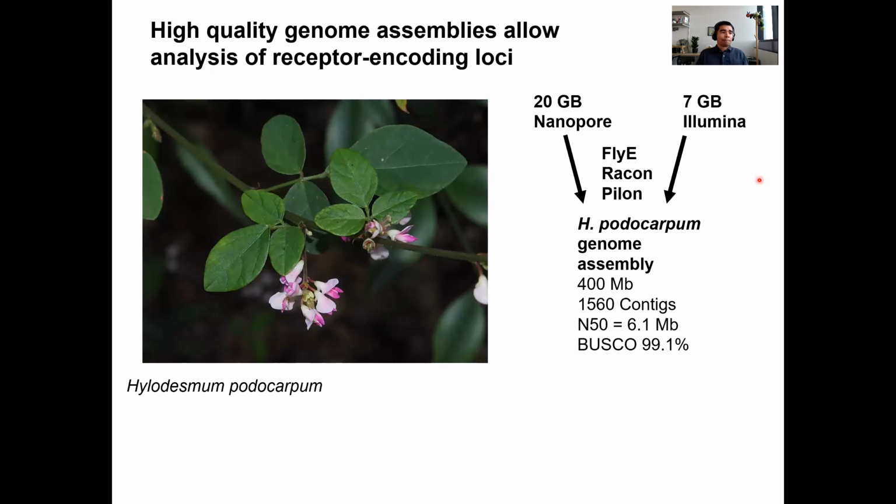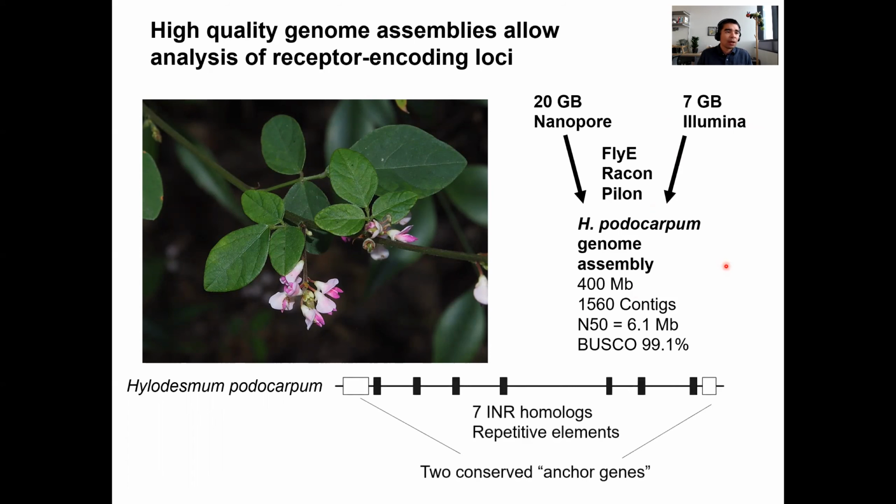Todd and Brad really helped facilitate this, but it did not take too much data: 20 gigabytes of nanopore data, and then Illumina data for polishing the assembly, to generate a pretty good working assembly from which we could pull RLP homologs from these different species.